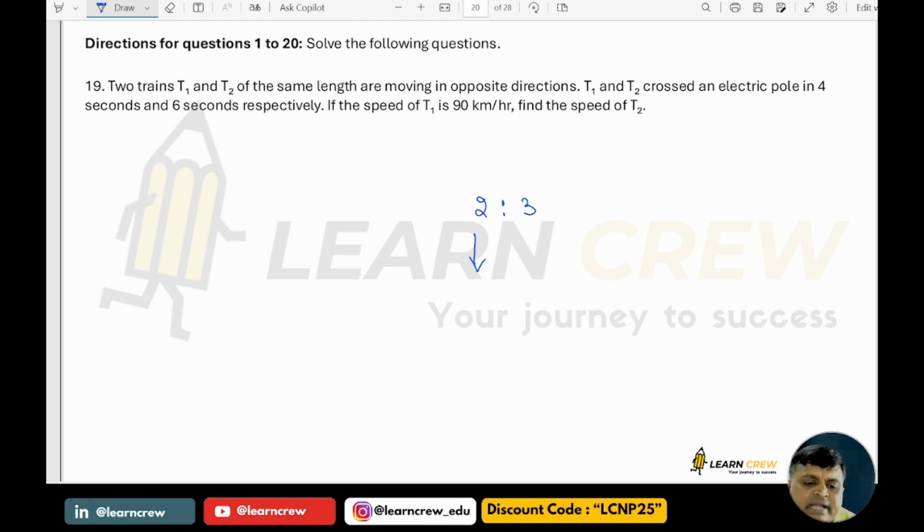It is given that the first is 1.5 times as that of the second. Thereby, if 2 parts is 90, then 3 parts would be 135. So 135 is the answer.